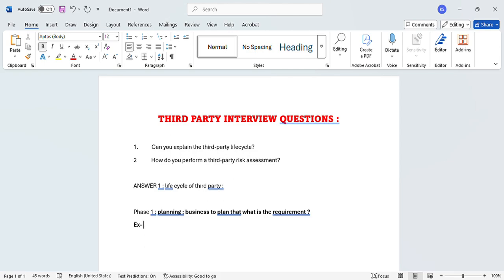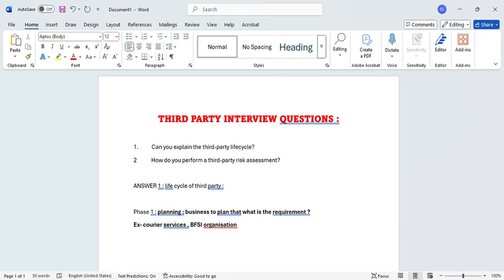You are in a business team and a key member in deciding the requirements, and you are supposed to hire courier services. You are working in a BFSI organization and you require courier services. So this is your planning phase.